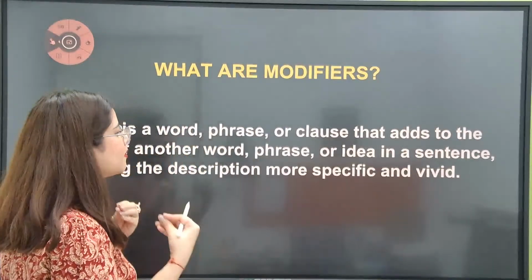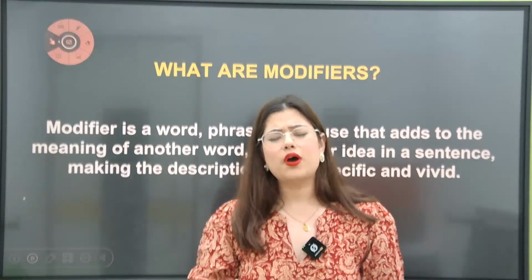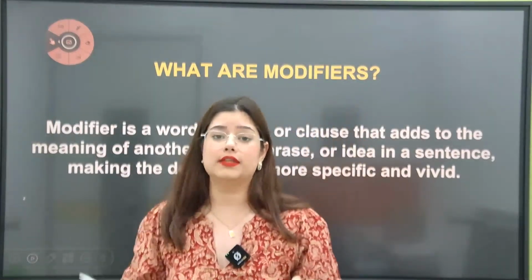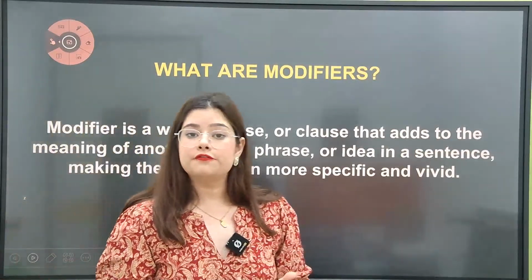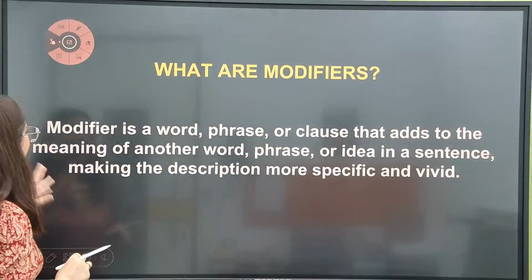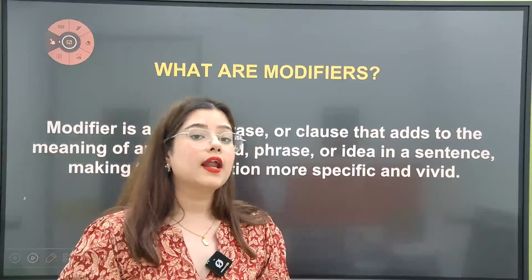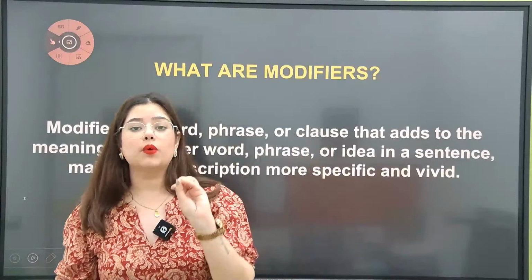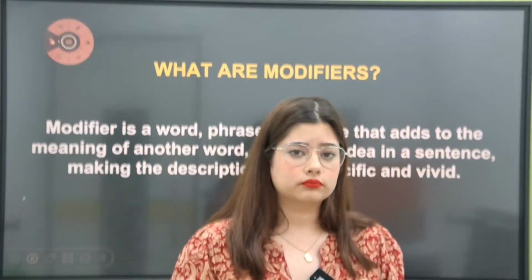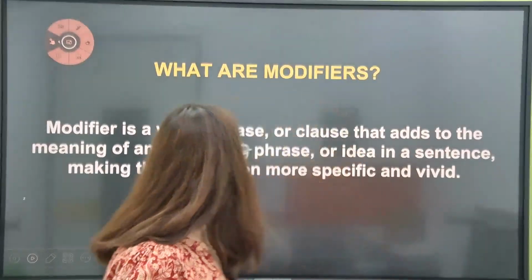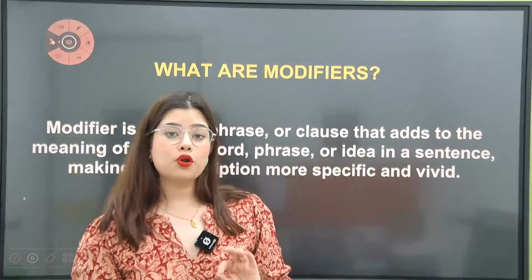It tells us something more about probably the subject of the sentence or anything that is mentioned in the sentence, right? So a modifier is a word, a phrase, a clause that adds to the meaning of another word, another phrase, another clause, or any idea which is present in the sentence. It gives us something more, adds more detail, in order to make the description more specific and more vivid.